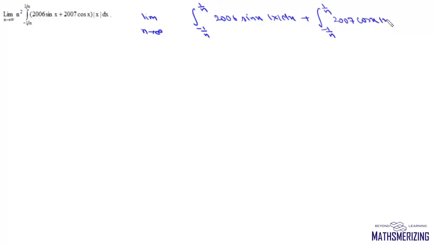Now what we'll do is we'll write this limit as limit n tends to infinity, this integral from minus 1 by n to plus 1 by n, 2006 sin x into mod x dx, plus integral from minus 1 by n to plus 1 by n, 2007 cos x mod x dx, whole divided by 1 upon n square.